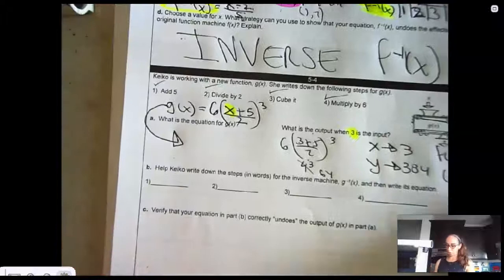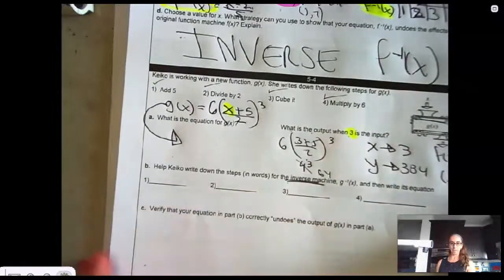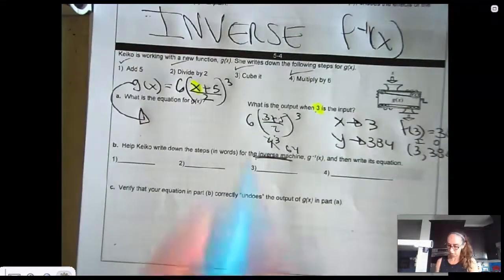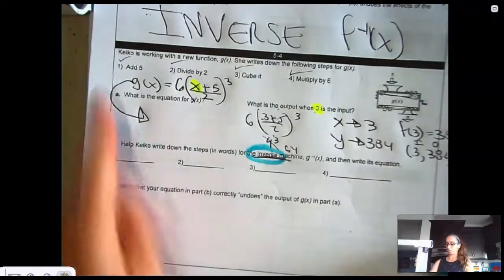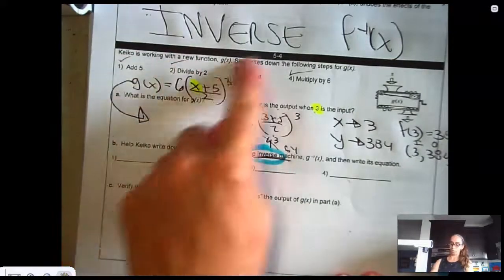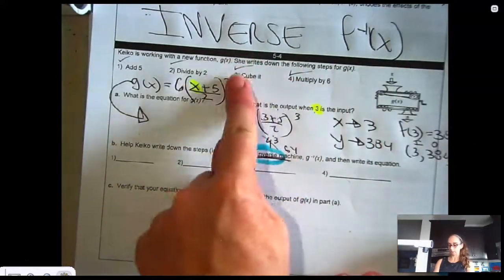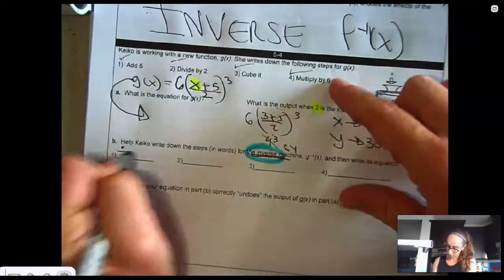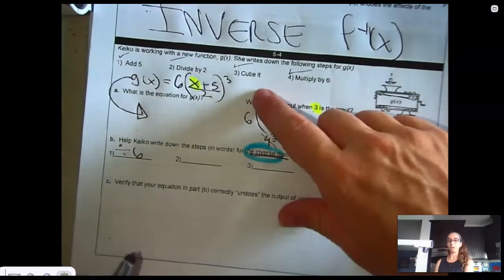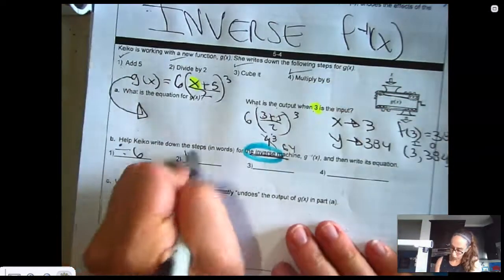Now they're asking you to undo it. It means they want you to find the inverse. So if this was step 1, 2, 3, 4, now I'm here. How do I go back? Go backwards. I'm going to divide by 6. Instead of cube it, I'm going to cube root it.